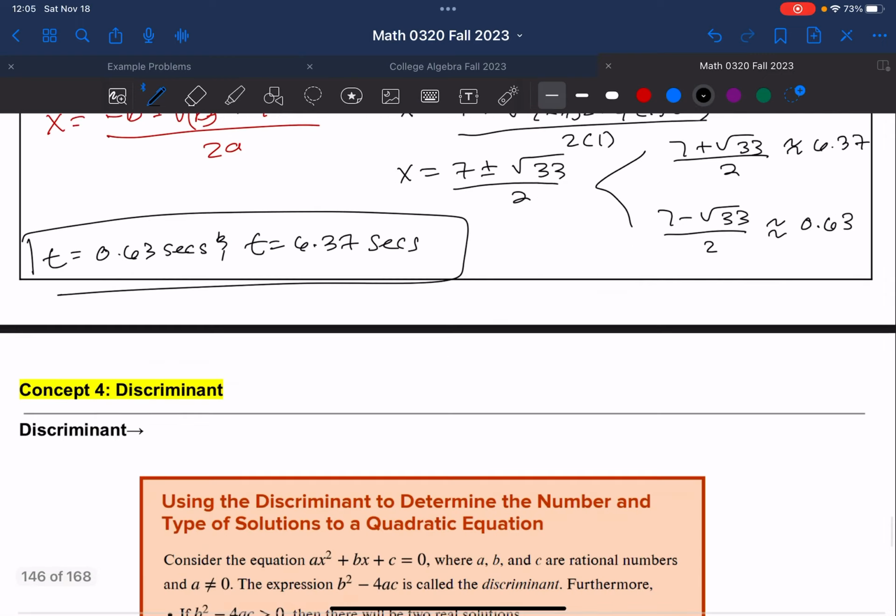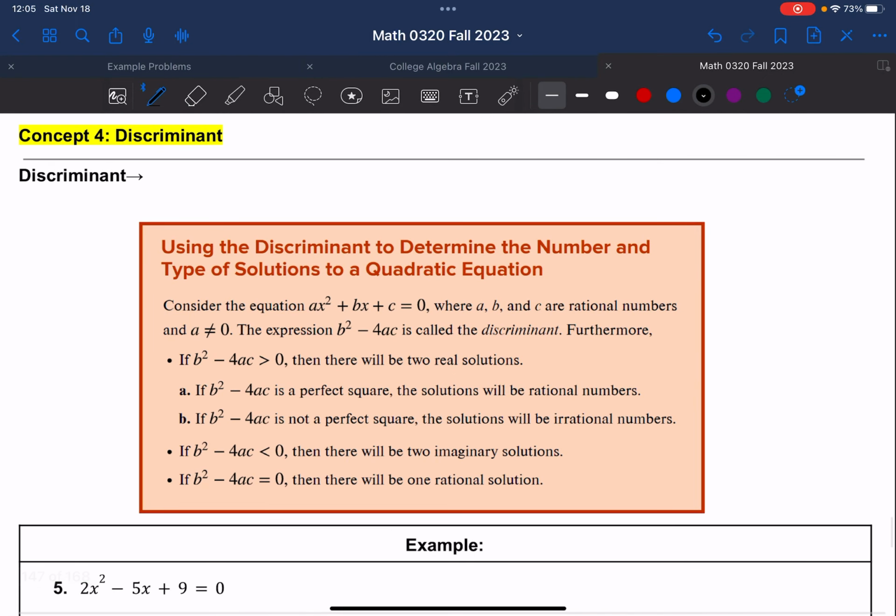In this next concept, we're going to be looking at the definition of a discriminant. So the discriminant of a quadratic equation is the part that is under the radical.